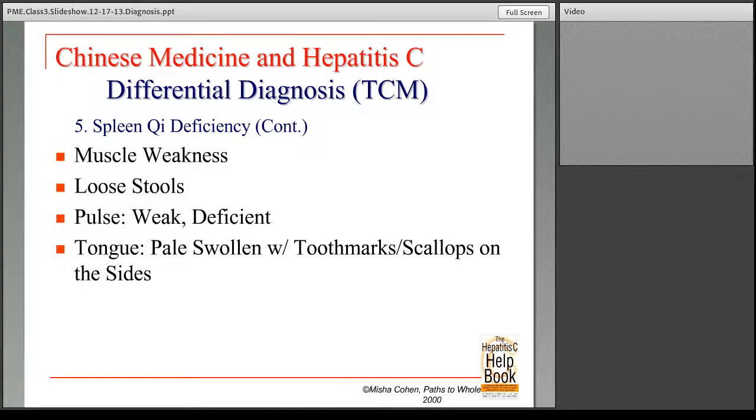I see oftentimes people who come into the clinic who have spleen qi deficiency with dampness as their predominant diagnosis, and they may have a thin, weak, deficient pulse that has some wiry quality. And some people may consider that a contradiction, and it's really not. Both things are going on at the same time. And it's not necessarily a liver invading spleen kind of situation. It's often that the spleen is very deficient and the liver is also stagnant. So you have a combination of things going on at the same time.